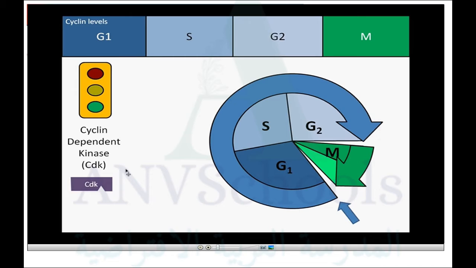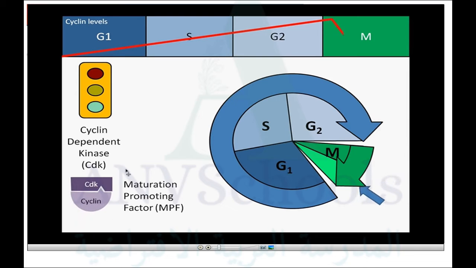Cyclin dependent kinase is just what we talked about here. We say that they depend. These kinases depend on cyclin level, and cyclin level may be released at any point of the cell cycle.